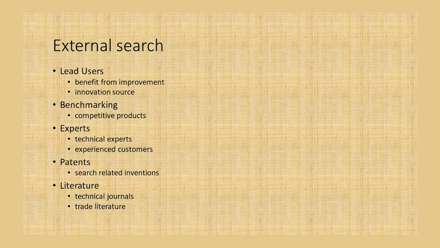Then you can look at patents. Very often people forget that patents will give you the latest ideas that you can use in your product development exercise. Then also look at the literature. This will be technical journals and trade literature, trade journals and technical journals and scholarly papers, all of which will have a lot of useful content.